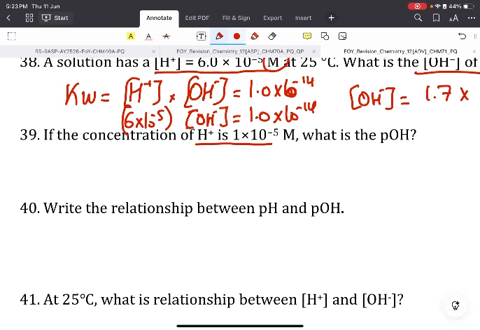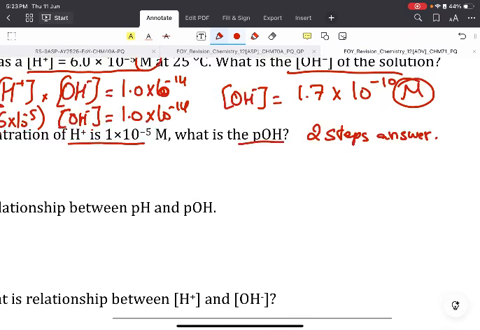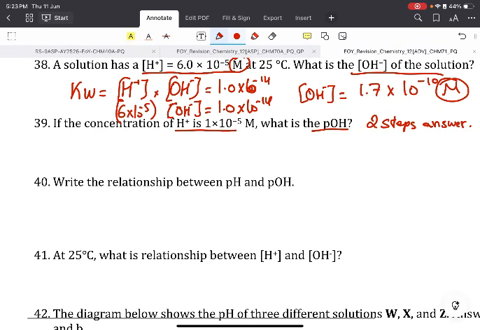If the concentration of H plus is 1 times 10 to the power negative 5, what is the pOH? This is a 2 steps answer. So first they gave me the H plus but they want the pOH, not the pH, they want the pOH. So first, we'll get the pH through this formula.